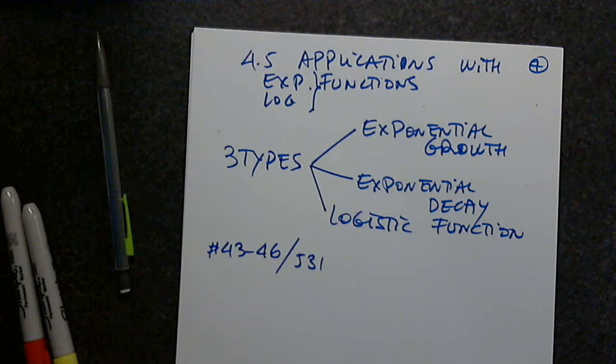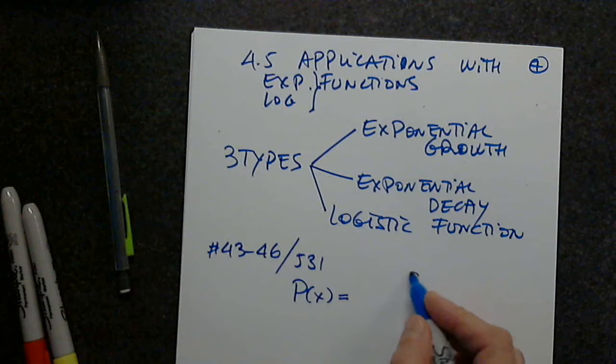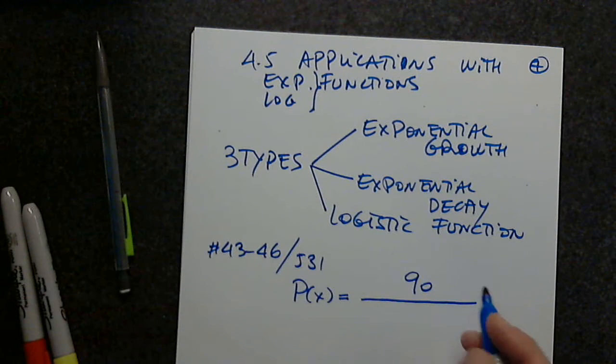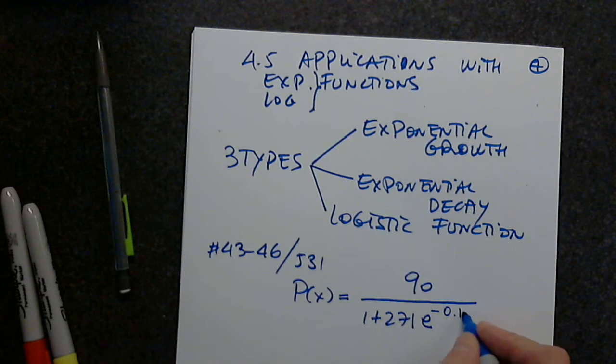The logistic growth function, P of x, uppercase P, equals 90 divided by 1 plus 271 times e to negative 0.122x. What can you say about this function before we read on? You can say that it has some piece that is exponential. It has some rational, there's a ratio in there.